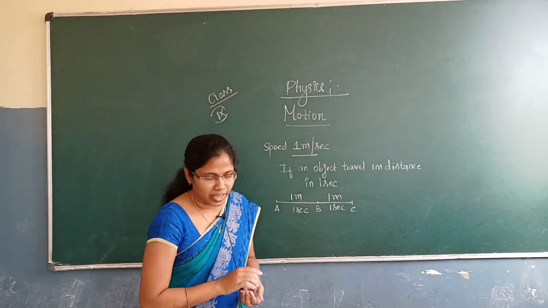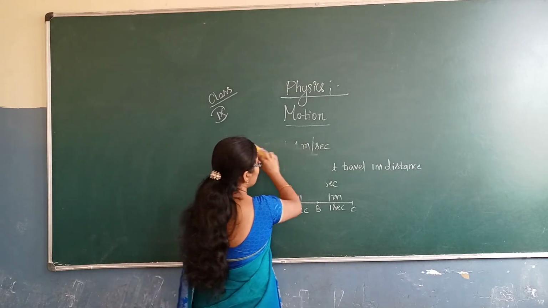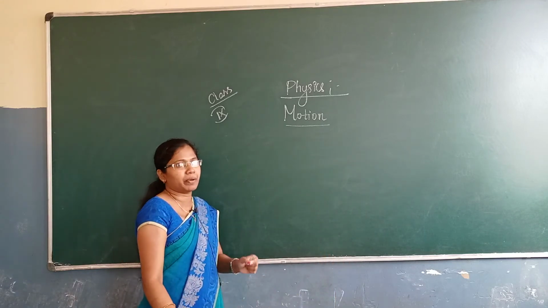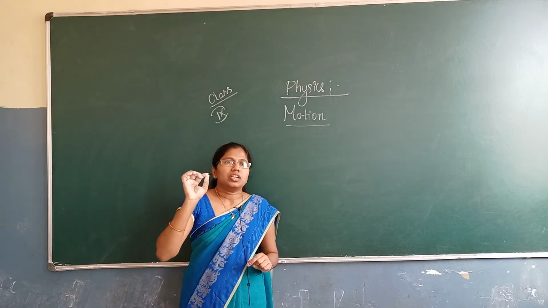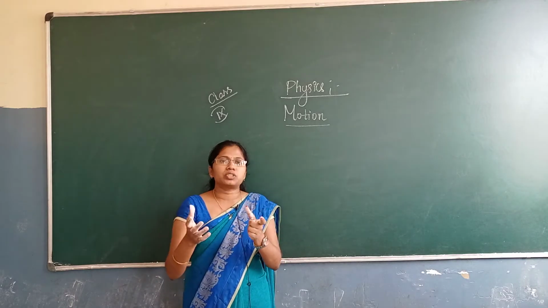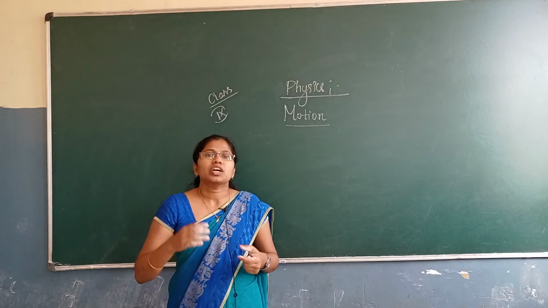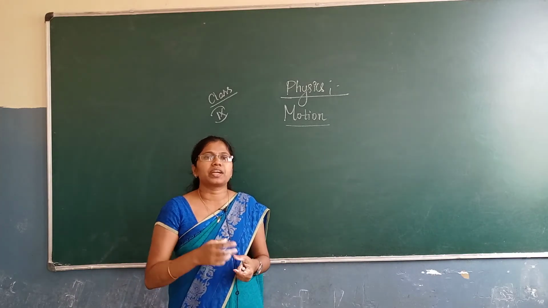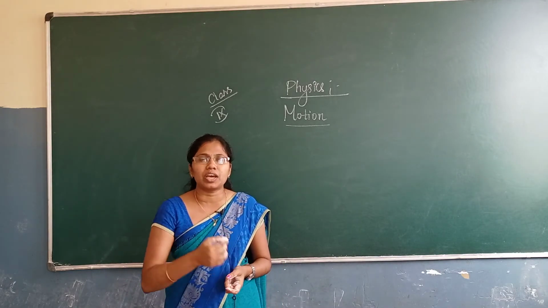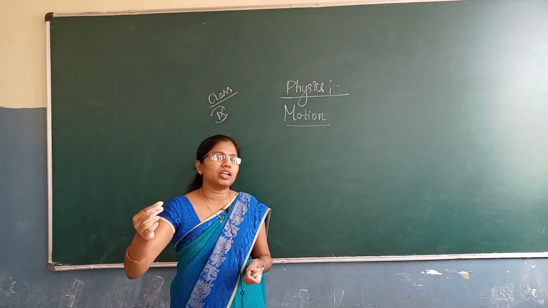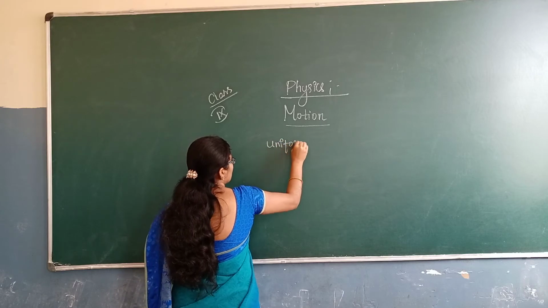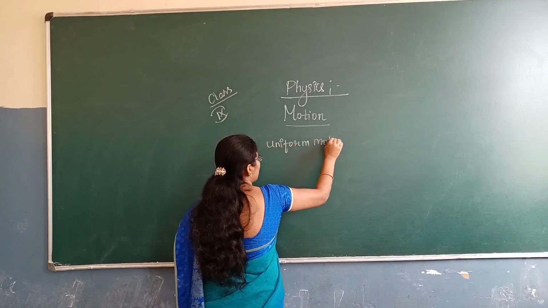So the next important point that we are going to discuss regarding speed is, if the motion is a uniform motion. If the object is moving in a uniform motion, then how are we going to find out the speed? We have considered the uniform motion.